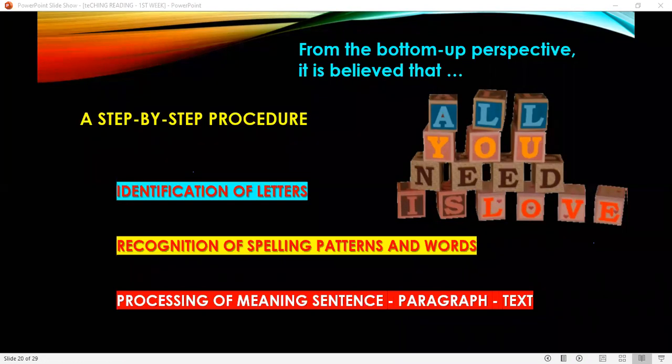We identify letters, recognize spelling patterns and words, and understand the meaning by analyzing the sentence, the paragraph, and the text. This is the traditional view, the bottom-up perspective. Remember, yeah?